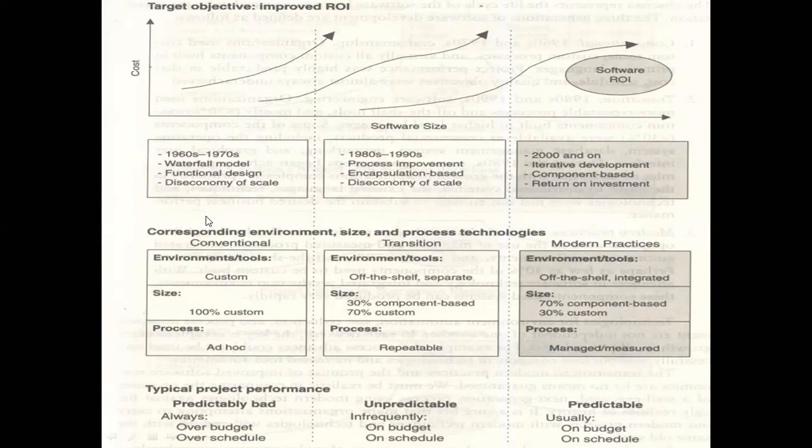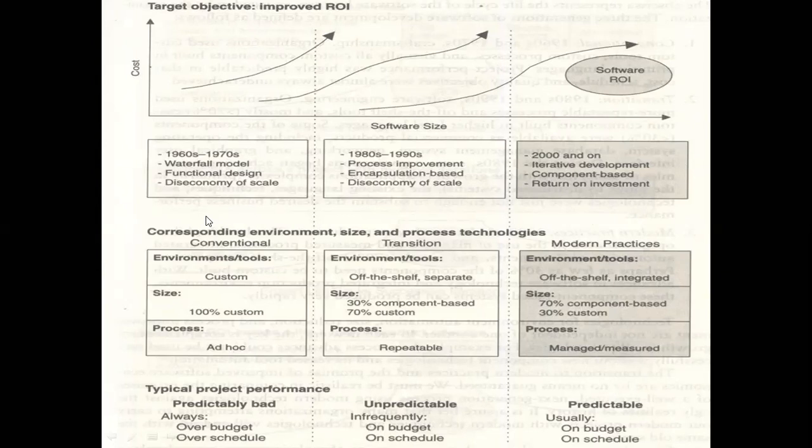In transition, off the shelf, separate tools, off the shelf tools, environment. One person is working on one thing, things are separate, then you have to integrate them. And in modern practices, graphical user interfaces, more developed tools came into existence. That's why integrated tools are being used.